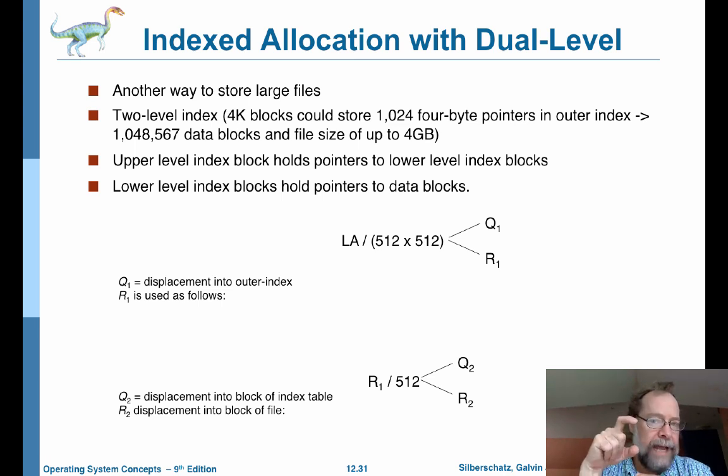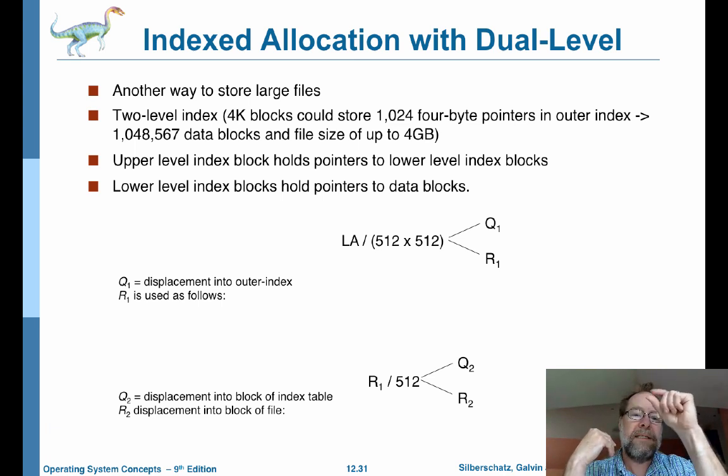The low level index blocks only have pointers to data blocks. Using this scheme, you have a simple three level tree. One block is the top level block. The next level of the tree is the low level index blocks, and the layer below that is all the data blocks. You kind of have this three level hierarchy tree.